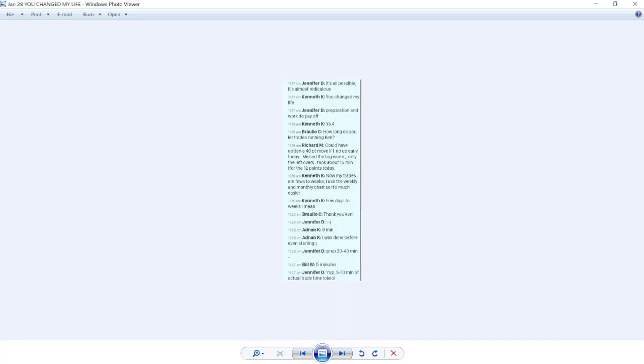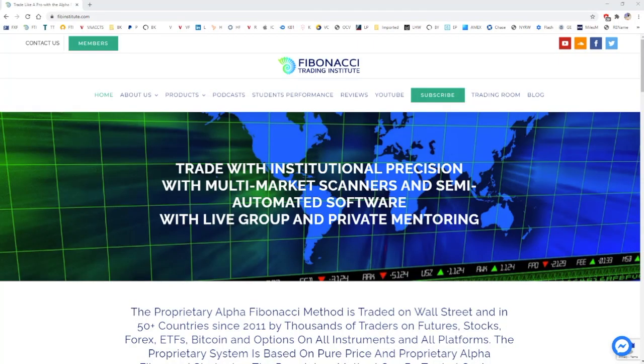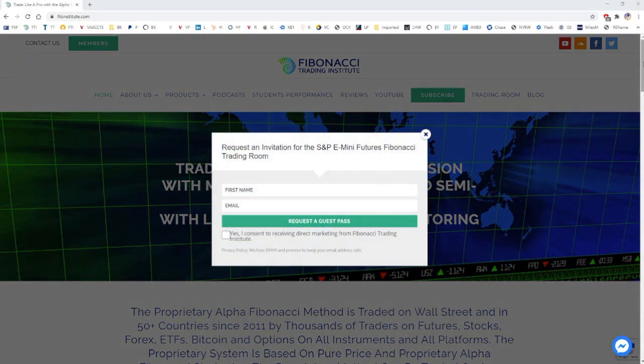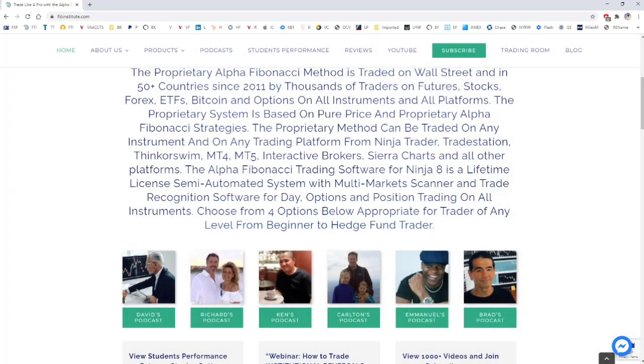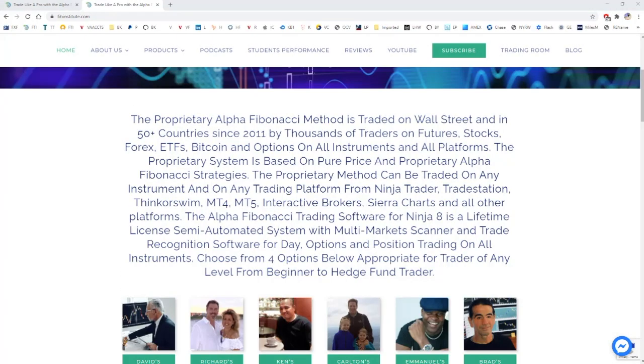This is the month of January with my incredible traders in the trading room. During the month of February, I only focus on my incredible students, only on them. This remains the simplicity and purity of the system known globally.